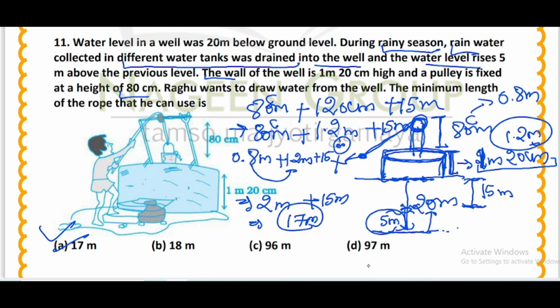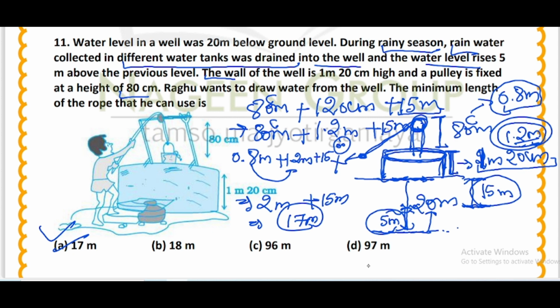Let's see, 15 meter length of the rope is required to cover the distance between ground to the water level, and 1.2 meter length of the rope to cover the wall of the well, and 0.8 meter rope is required to cover the pulley of the wall.